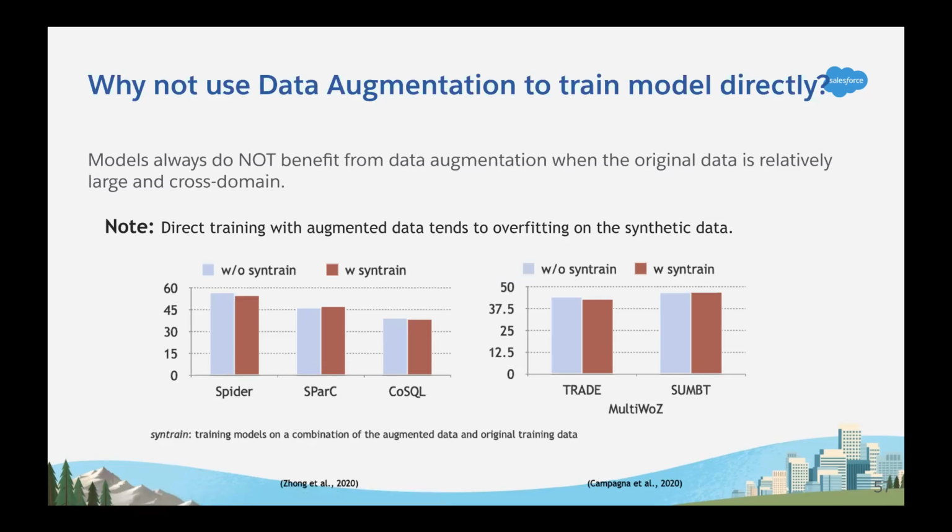It's very interesting. We guess it's because when you merge them together, your training may tend to overfit the synthetic data because it's larger. So that is our guess.